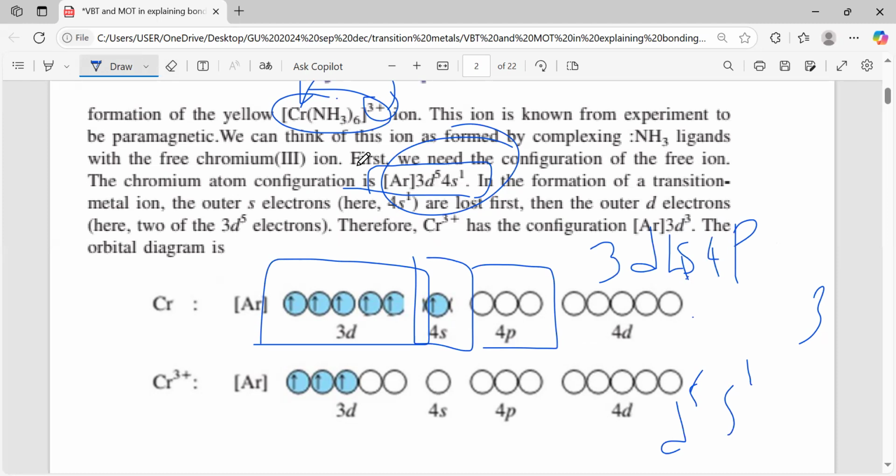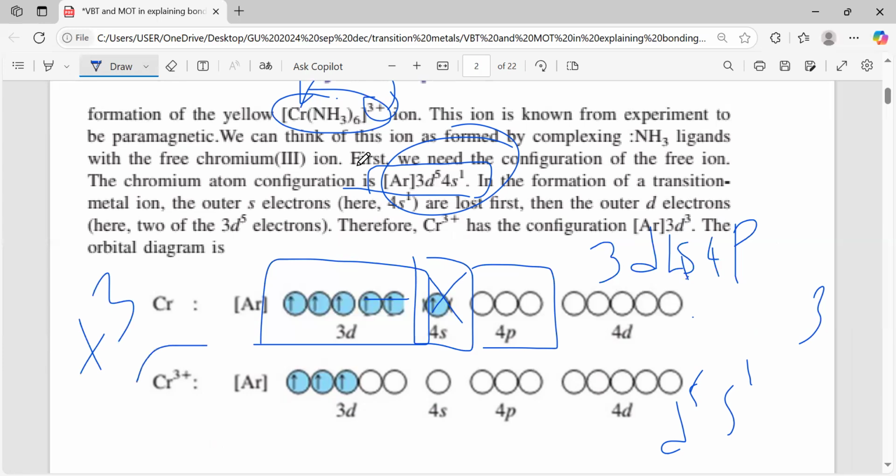Then once we're at that point, we now do the loss of electrons. So first of all, you lose that one, then the other two, so that you lose a total of 3. All of us know very well if it's a metal +3, it has lost 3 electrons.